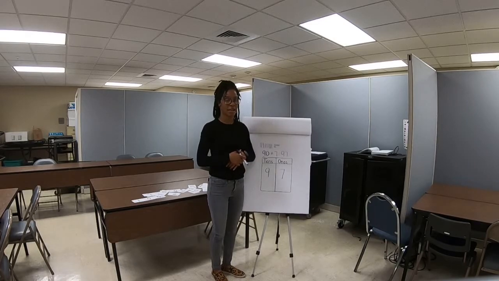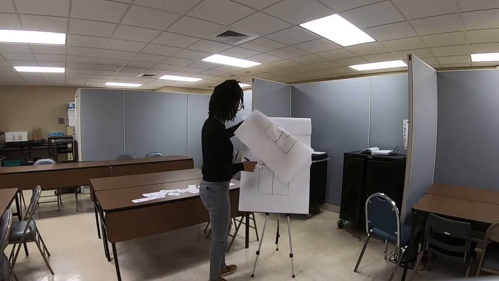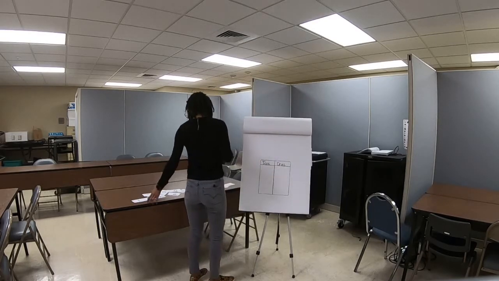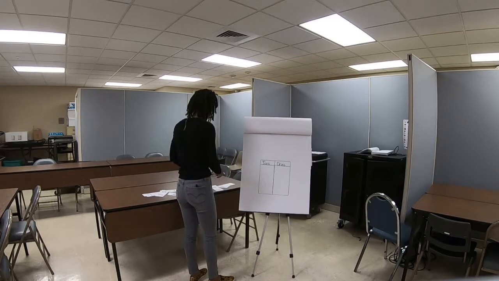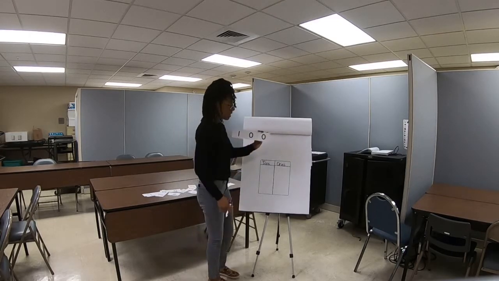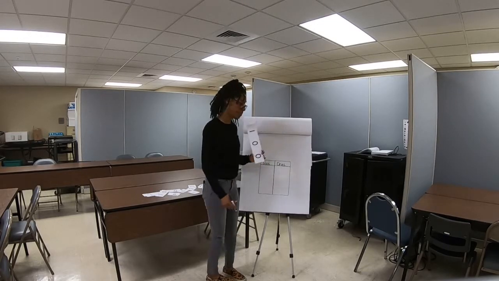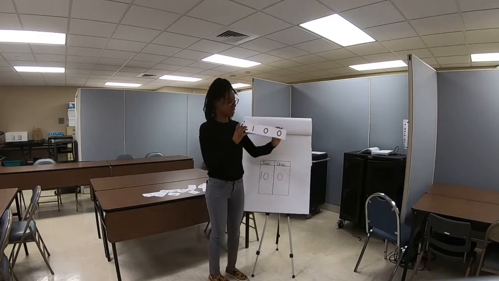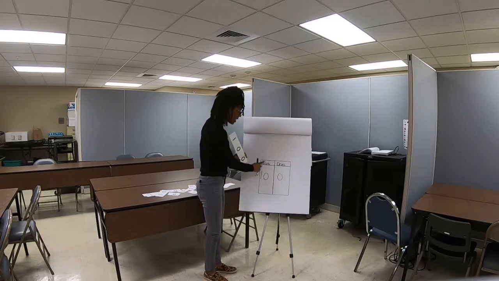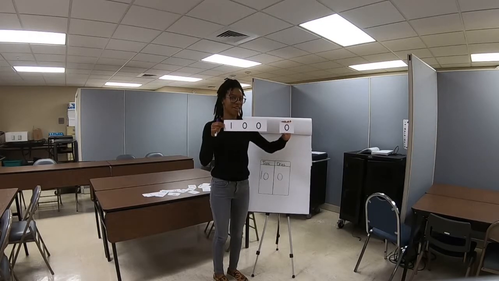We have one last number. I bet you know what number that is. That number is 100. Let's put that in our place value chart. So you have 10 10s, and the value of 10 10s is 100, right?